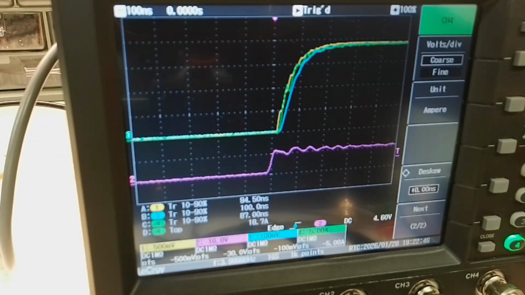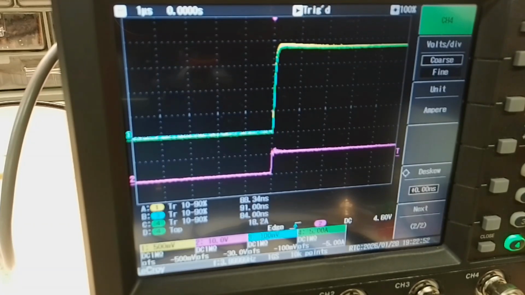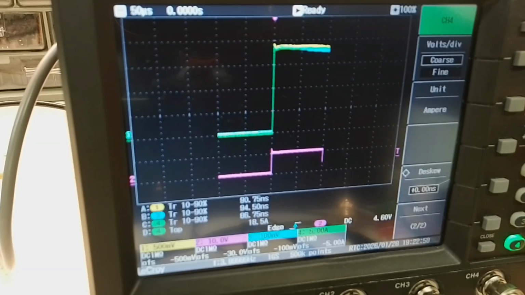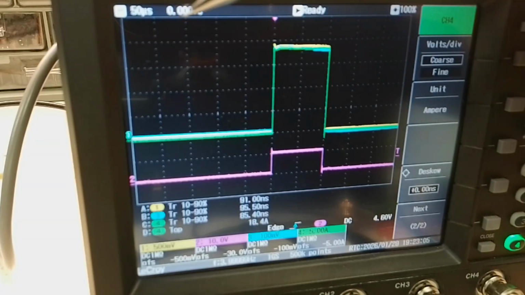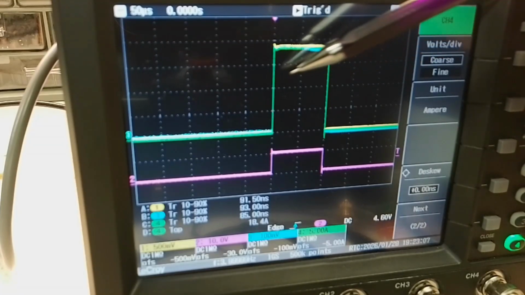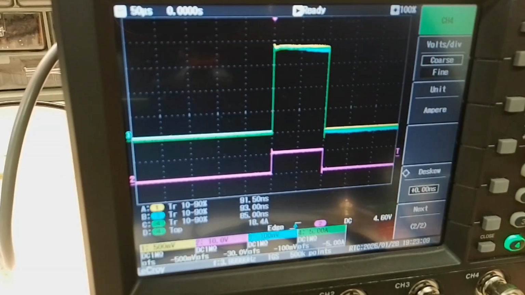Let's change a little bit, go slower. Now it's 50 microseconds per div, and this is 100 microseconds.